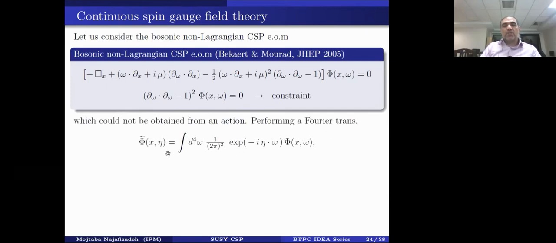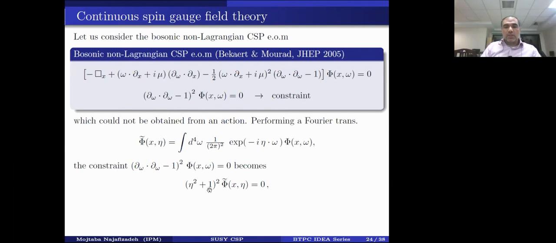Performing a Fourier transformation, you can find that this constraint becomes in this form. It's easy to see that d omega dot d omega -1 becomes eta squared plus 1. So I wrote this constraint in eta space in this form.